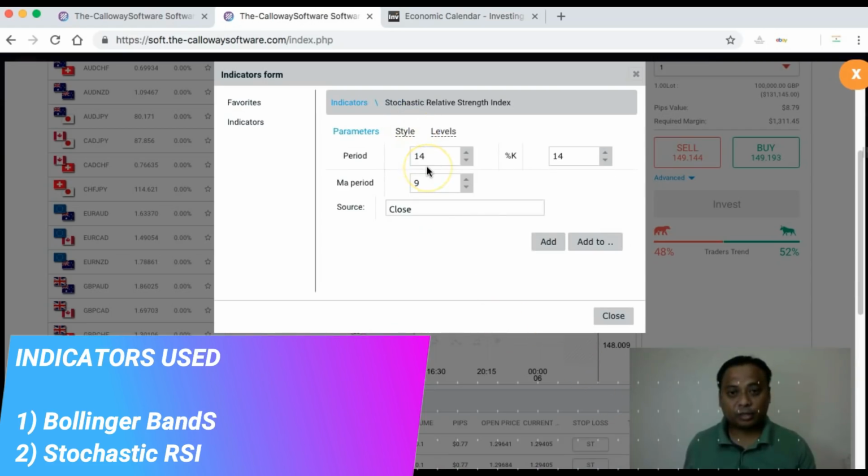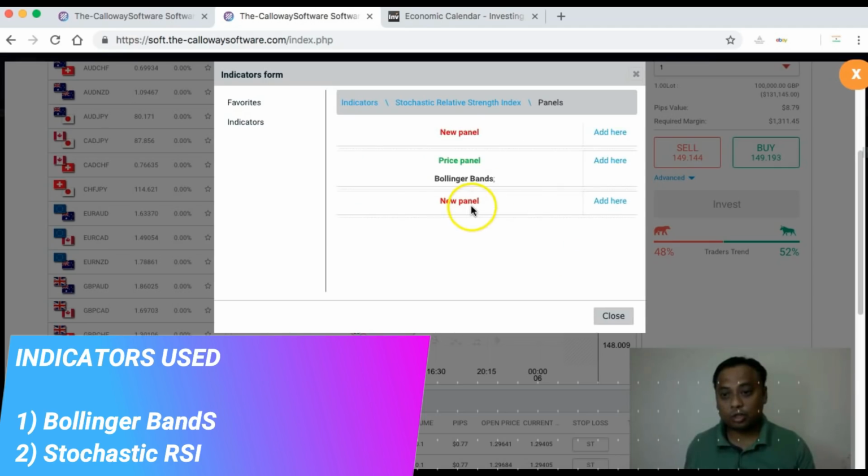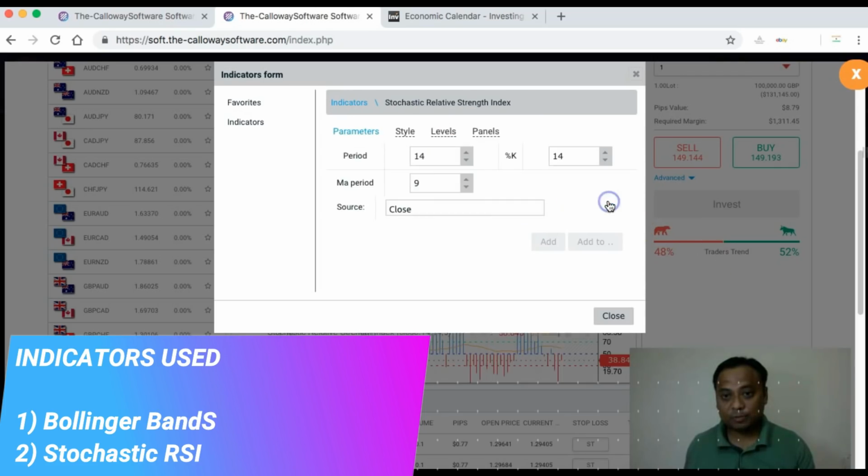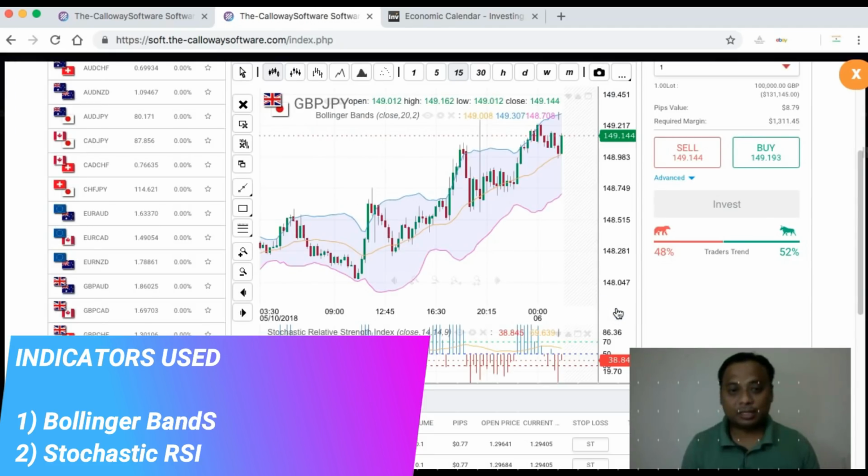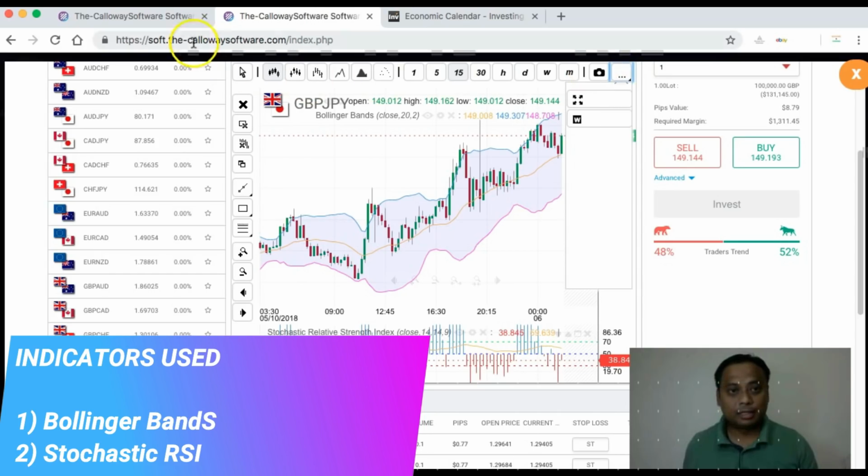The period is 14, the MA is 9, and the source is close. I say add to the new panel, not to the price panel. I put a new panel and I say close. Okay, now we have these two indicators. I'll make the screen bigger so you can understand. Okay, so now let's see.